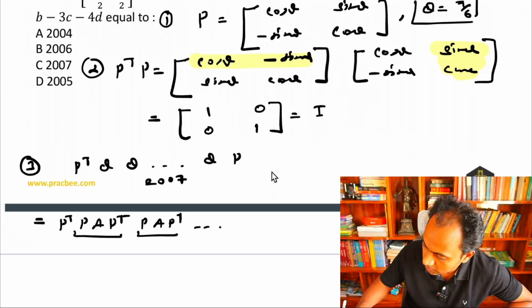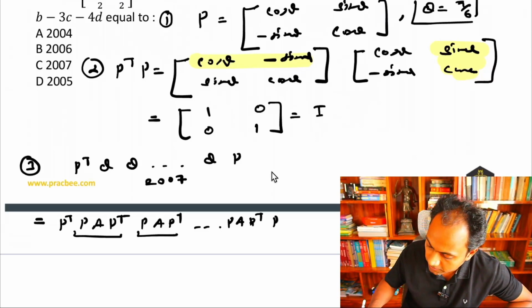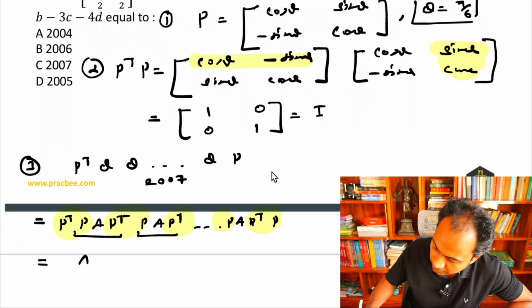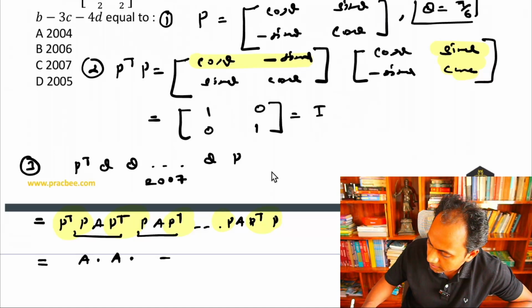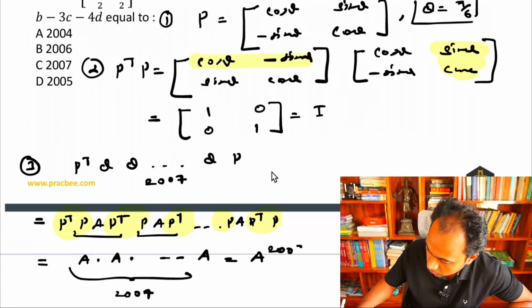And this will keep on happening till last where P transpose into P will come. You can see that we have lot of pairs of P transpose P getting generated in between. So all of these P transpose P now will become 1, and in turn we will be left with A, and these A's will come 207 times. So this comes out to be A raised to the power 207.